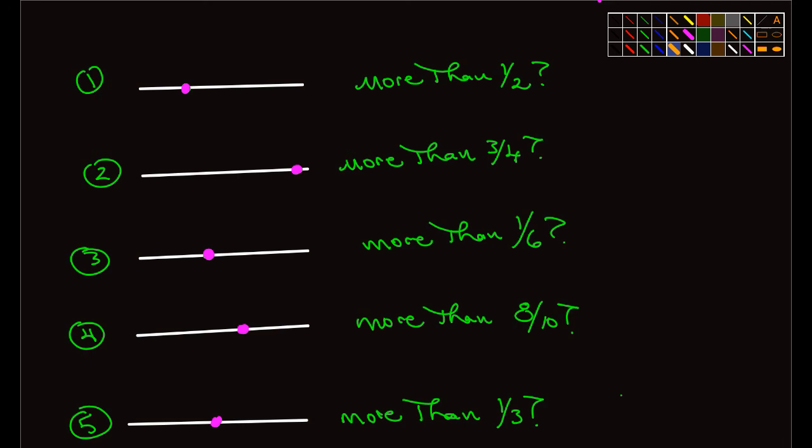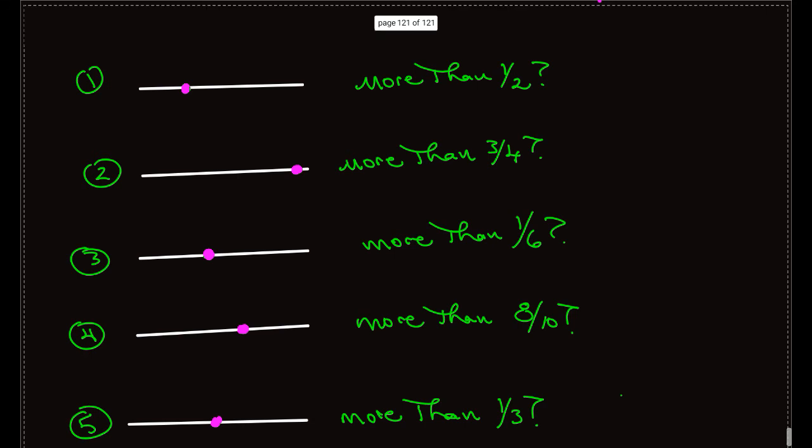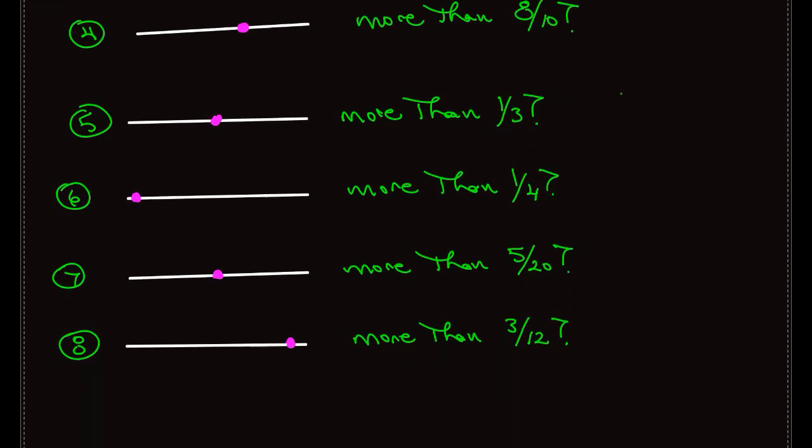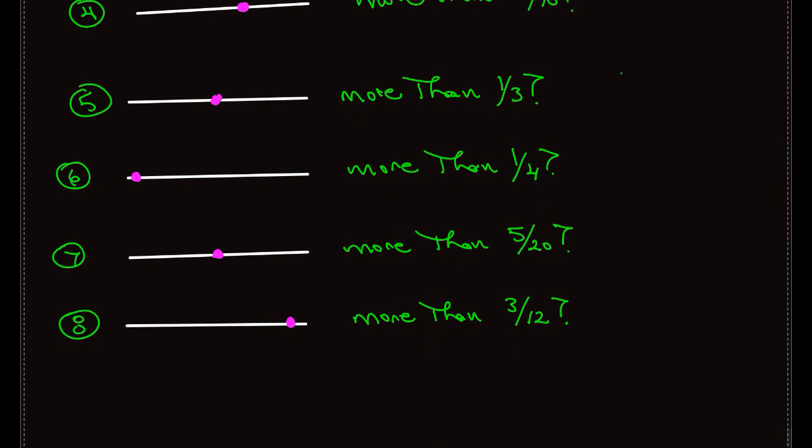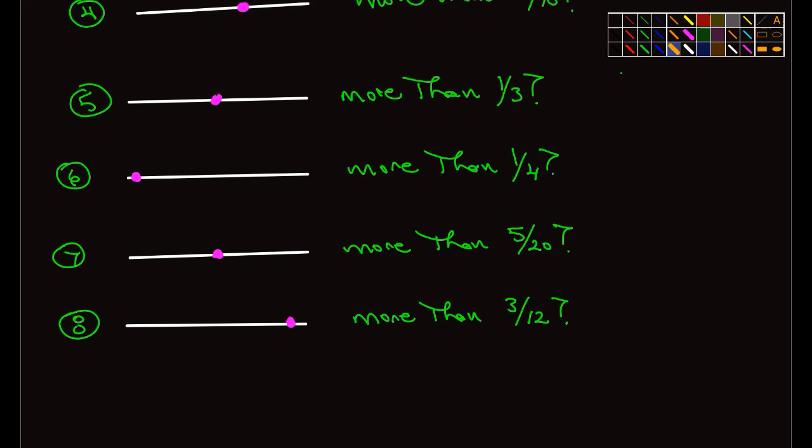And then number 3, is that more than 1/6? Number 4, is that more than 8/10? And number 5, is that more than 1/3? Number 6, is that more than 1/4? Is that pink dot for number 6 more than 1/4 of the way across this line?